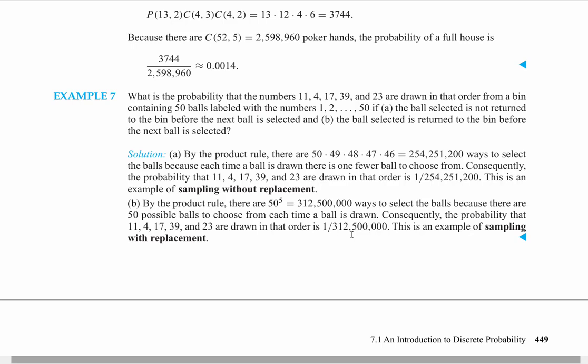All right, so even less likely. This is sampling with replacement. So if you're trying to choose numbers, and if the order does matter, then that makes it even less likely to get the right combination.